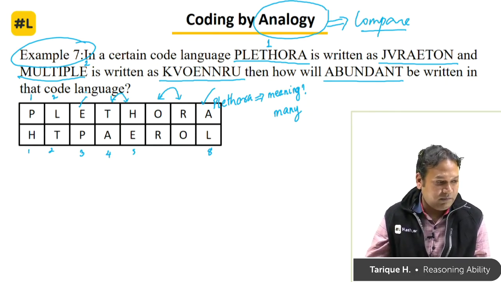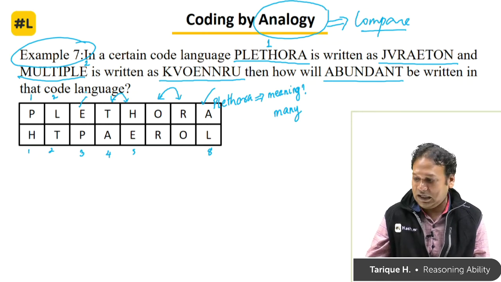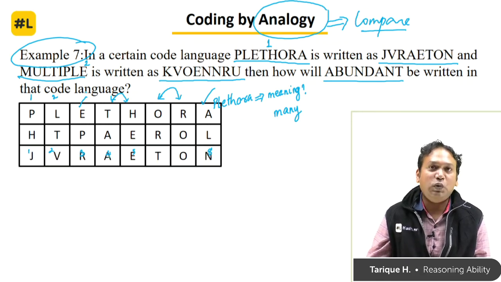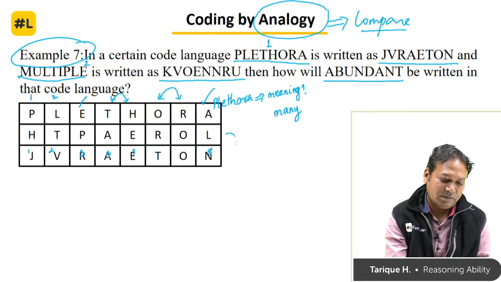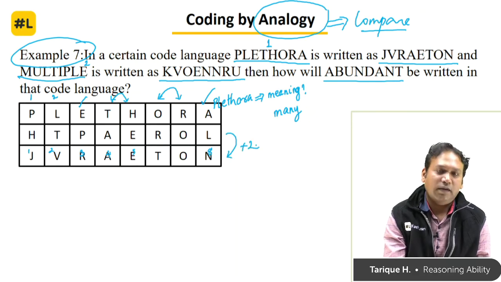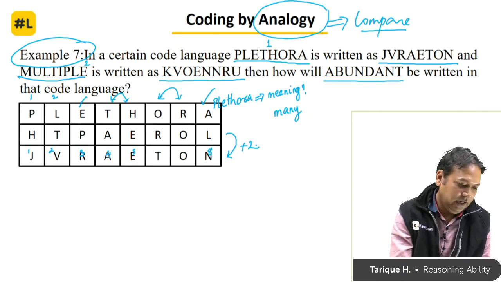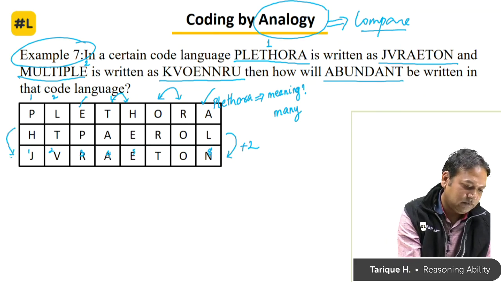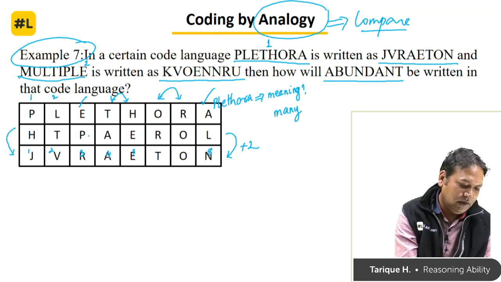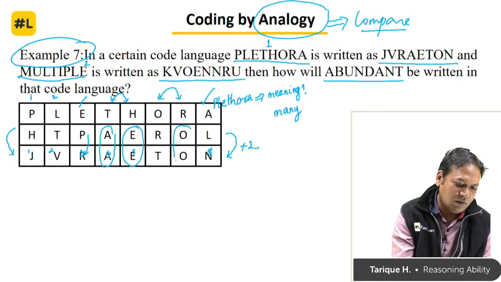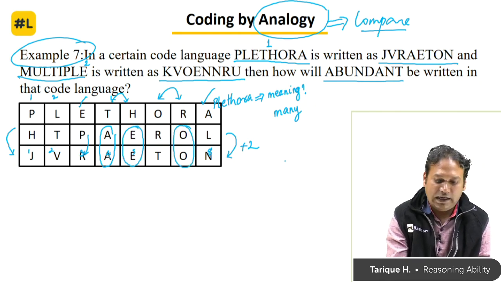अभी यहाँ HTPAEROL आ गया है, उनको अभी 2 पोजीशन शिफ्ट कर देंगे. स्वैपिंग एंड शिफ्टिंग इन अ रैंडम वे. HIJ, TUV, PQR, you see, A remains as A, E remains as E, O remains as O. Again I like using vowels and consonants separately.